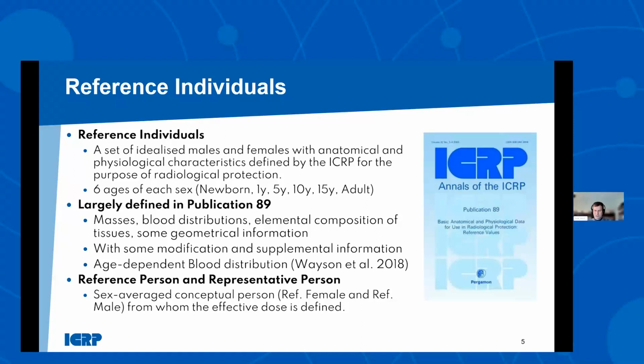Reference individuals do not equal reference phantoms, though phantoms can be designed based on the parameters of the reference individuals. So that's why I've always thought the most appropriate photo to show of the reference individuals isn't a photo of a phantom, it's that of publication 89. So it may not be very exciting, but there you go. This is what the reference individuals look like, a book full of tables and data and parameters.